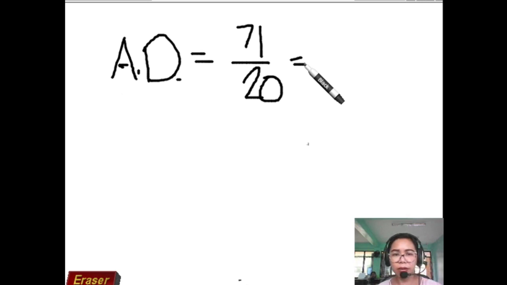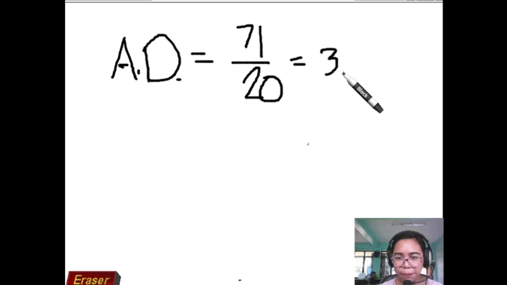Okay, so our average deviation is equal to 71 divided by 20, which is 3.55.